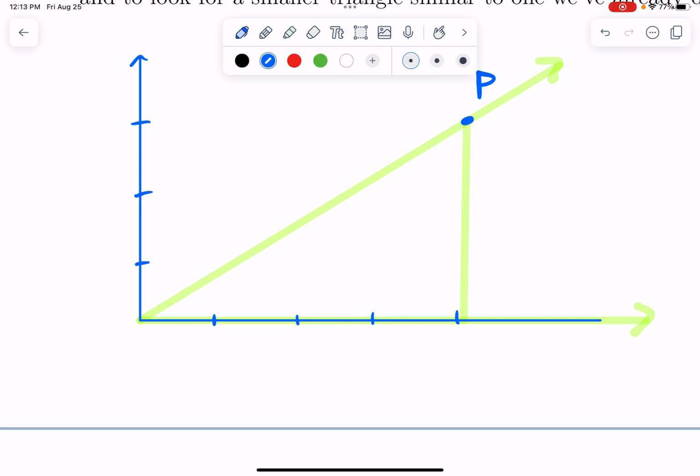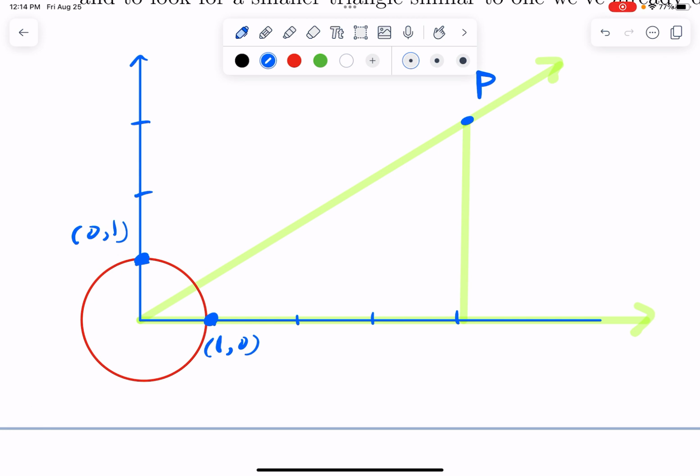Well, what if I add the unit circle to this diagram? Here's the unit circle like so. And I'm going to cheat a little bit so that this looks like this is at 1, 0, this is at 0, 1.